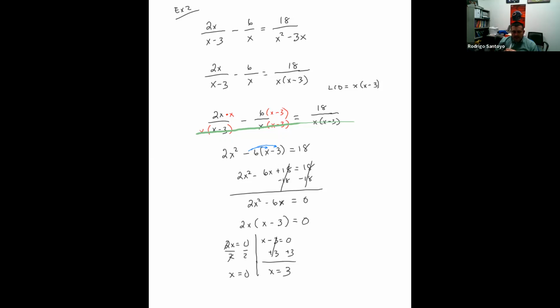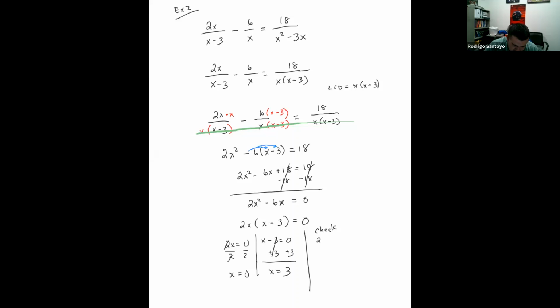Okay, but before we claim a solution, we want to check our work. If you check your work, notice that 3 will not work. I mean, I think actually both of these will not work. We check our answer, right? We have 2x over, let's go with 0.